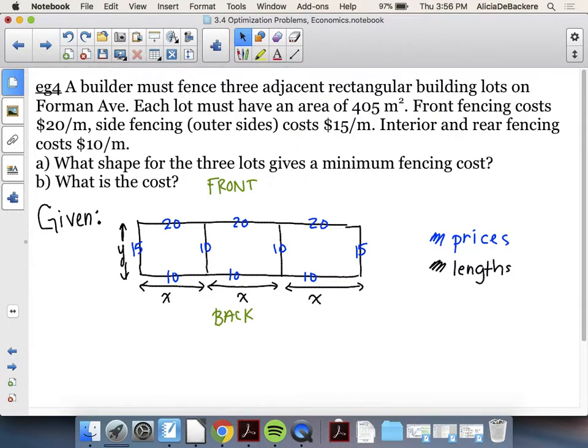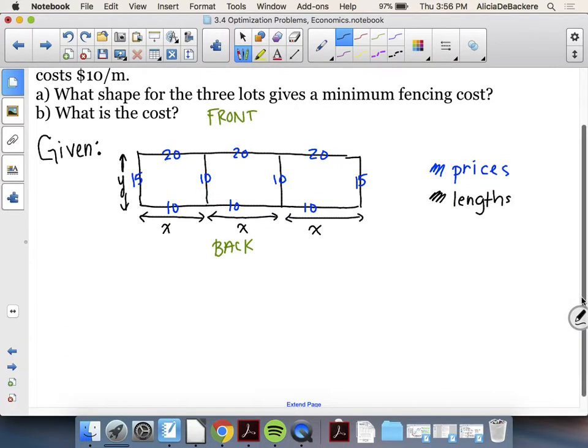Now what the question is asking me for is the minimum cost. So the thing that I want to find is the minimum cost. That means I need to come up with some sort of equation for cost. So what do I know so far?